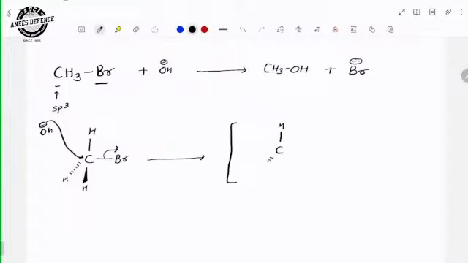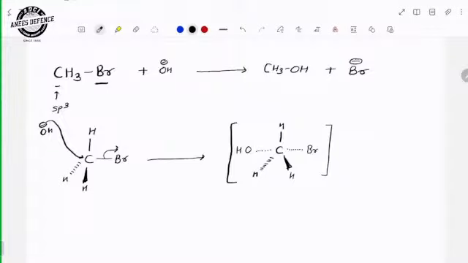In the transition state, what we can see is that this Br is not completely removed, and this OH is not completely bonded to this carbon atom.